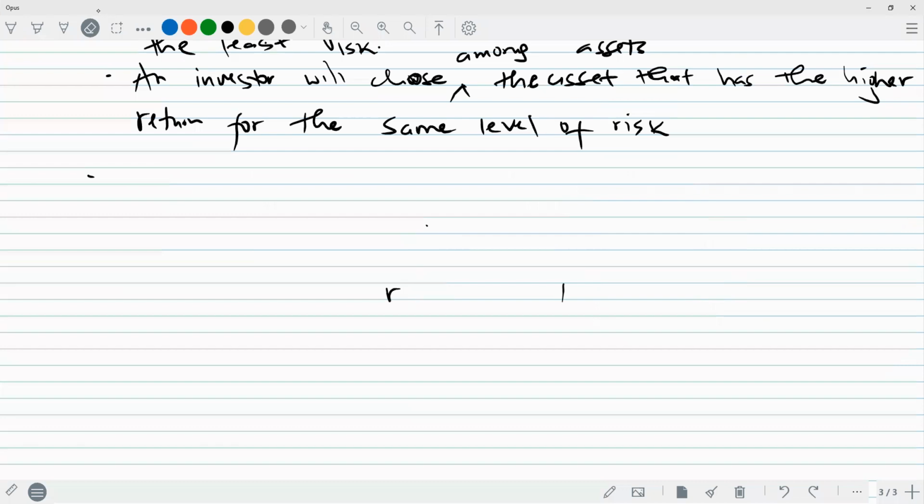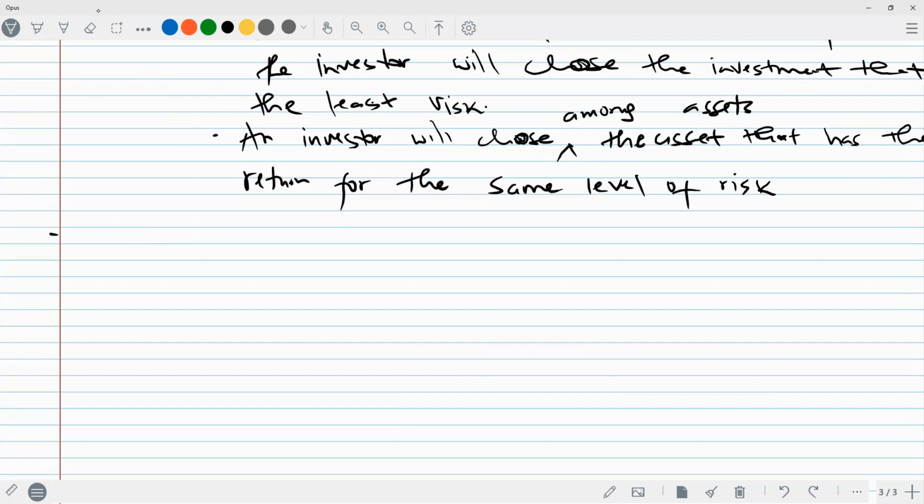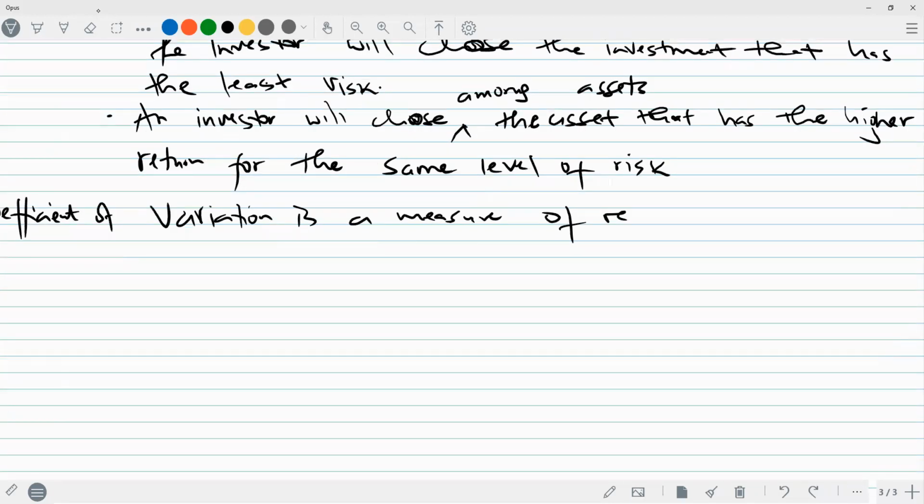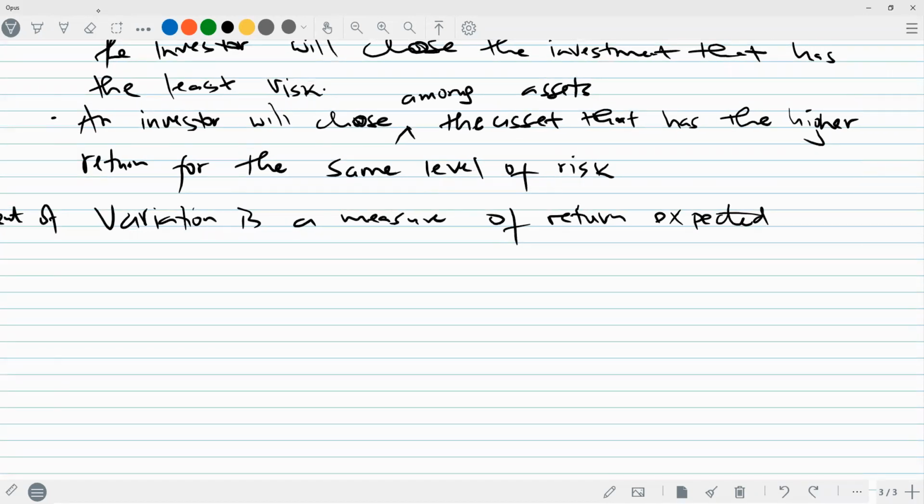Now, coefficient of variation, as mentioned, is a measure of risk per expected return.